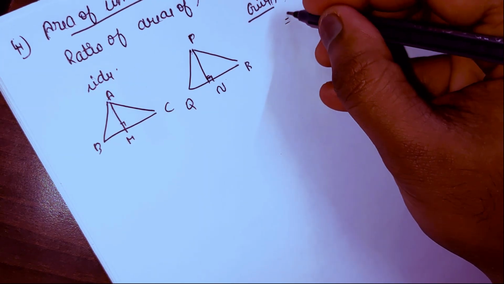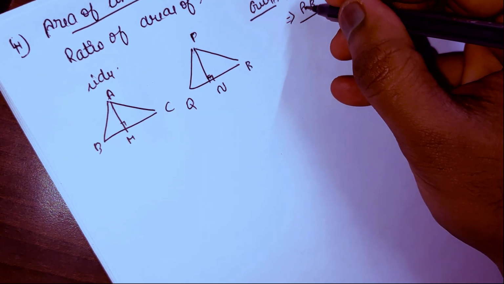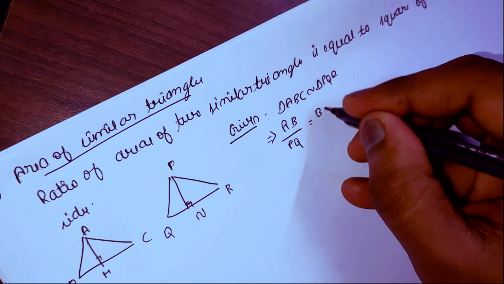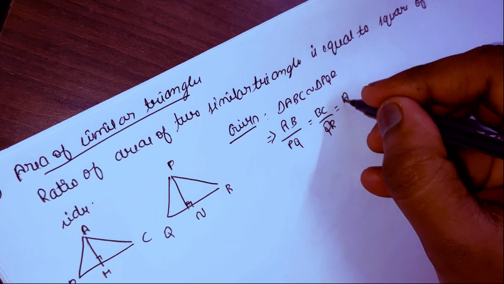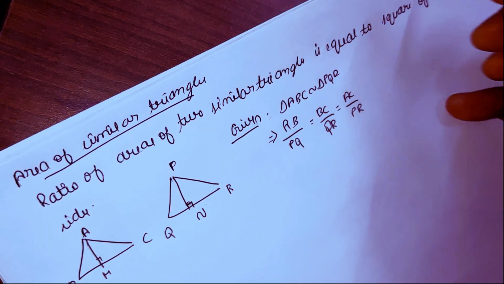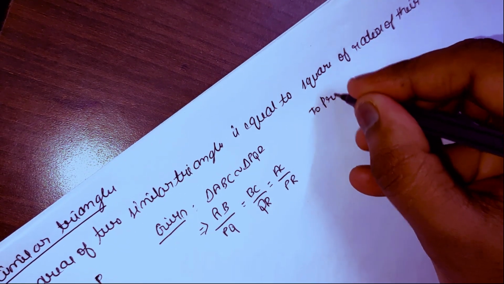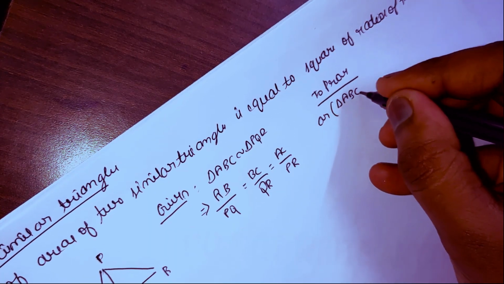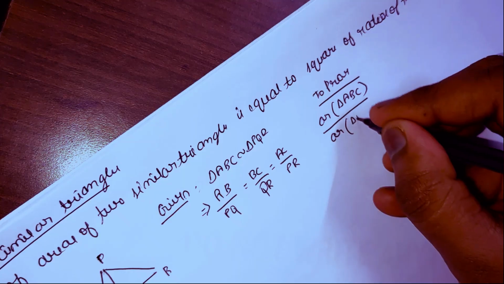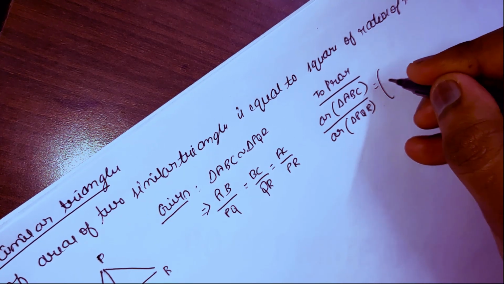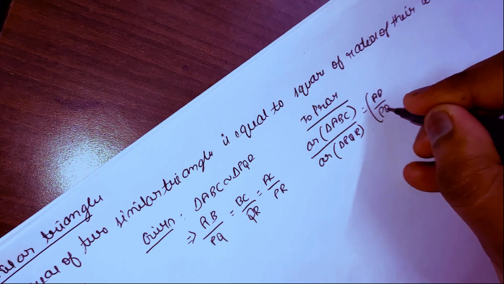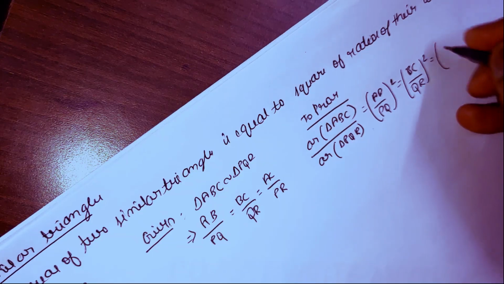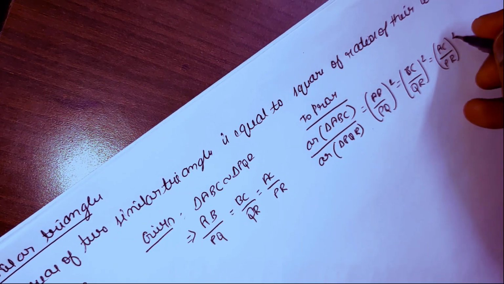That implies AB by PQ is equal to BC by QR, which is equal to AC by PR. Now what we need to prove? Area of triangle ABC by area of triangle PQR is equal to AB by PQ whole square, which is equal to BC by QR whole square, which is equal to AC by PR whole square.